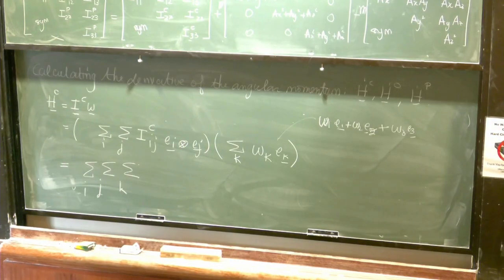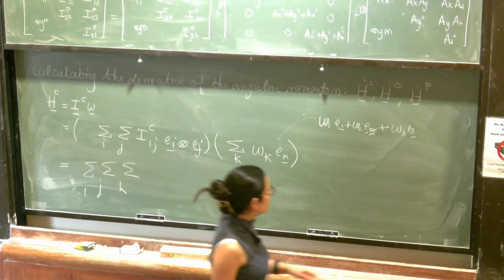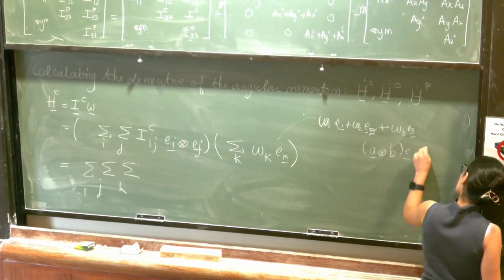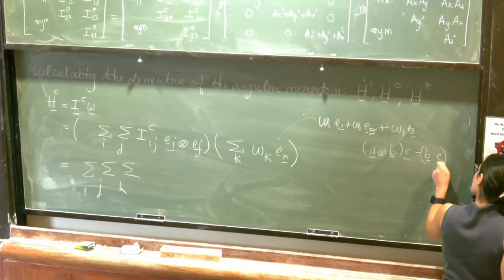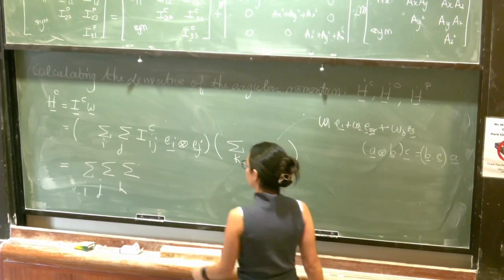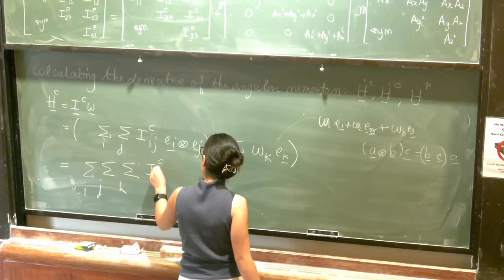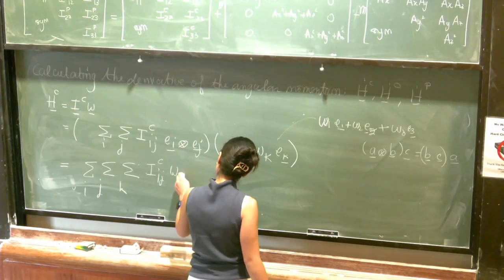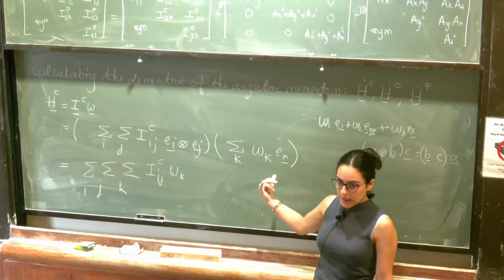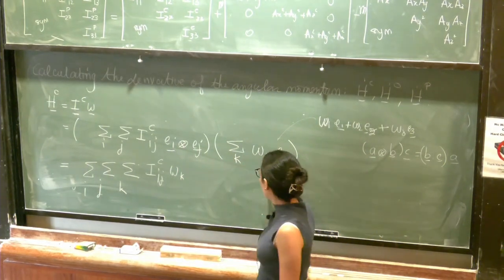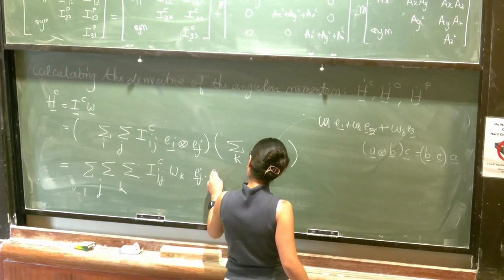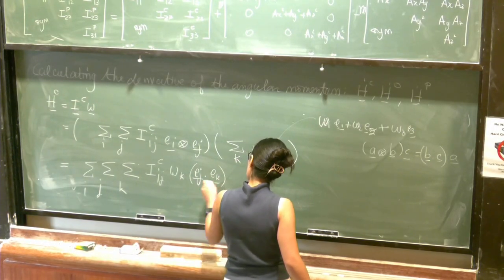Remember, a bond b applied to c is equal to b dot c applied to a. So I'm taking all the scalars to the side. e_i bond e_j applied to e_k is going to be e_j dot e_k along e_i.